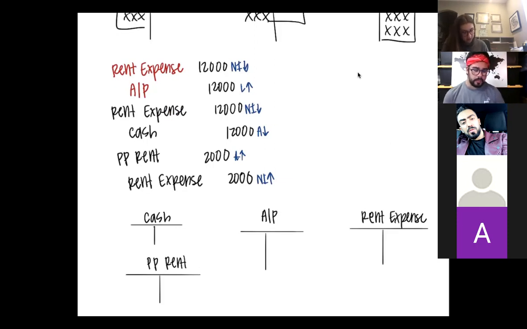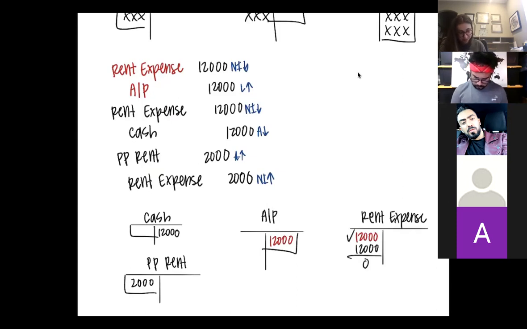So for cash, it should have been credited by 12. Prepaid rent should have been debited by 2. AP should not have been credited by 12. Rent expense was debited by 12,000, which is fine. So that cancels out, right? And then we had to unexpense for 2.